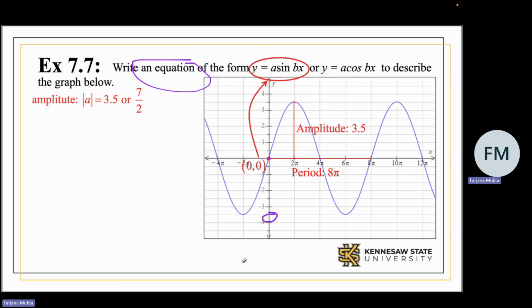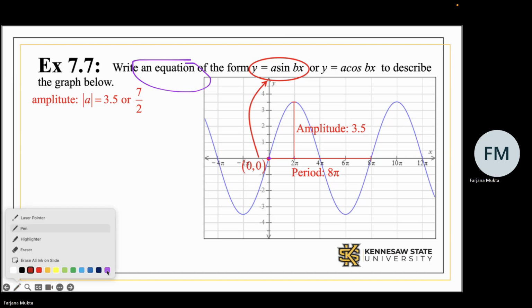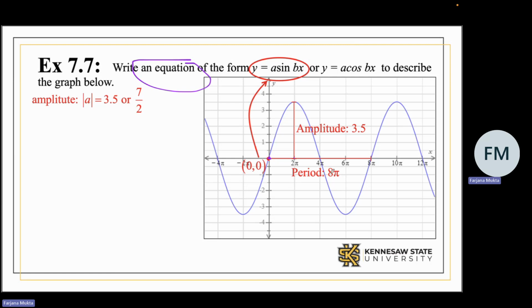All right, perfect. Now we'll notice our period. Let's try to calculate the period. One full cycle for the parent function is 2 pi. Now, what is one full cycle here?